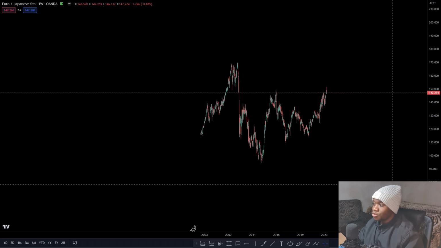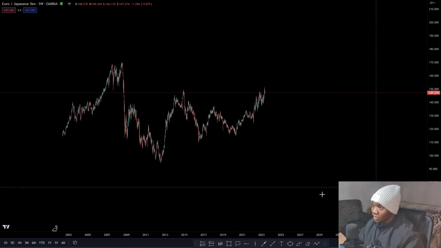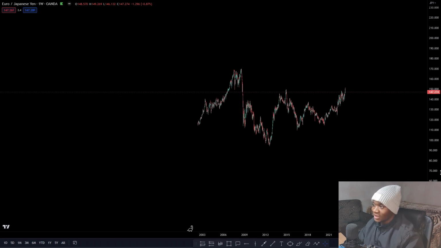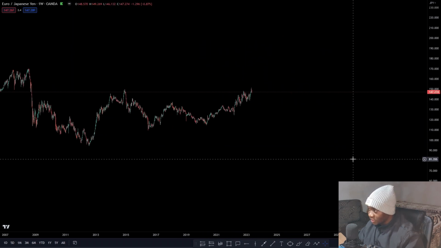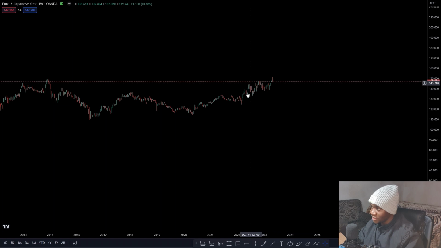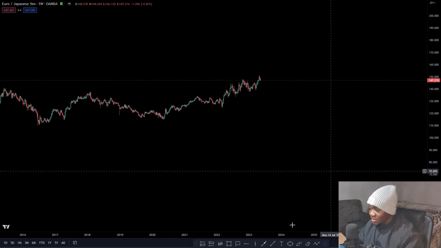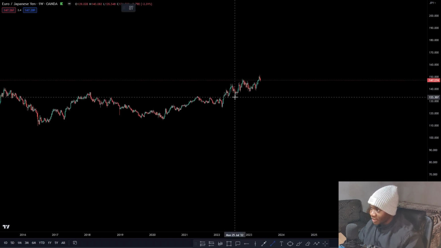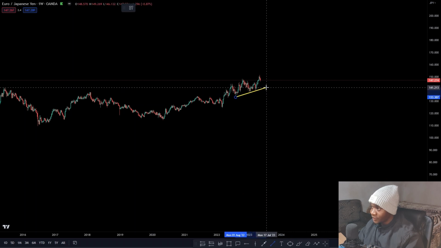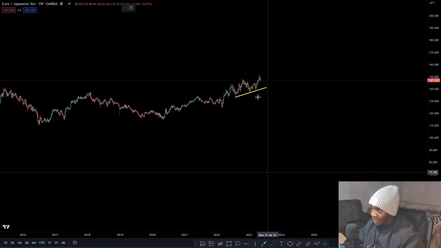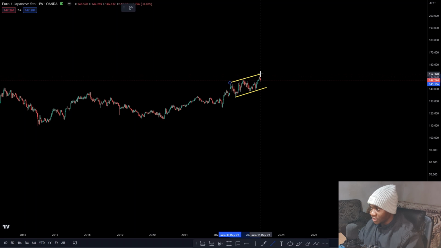So the last pair is EURJPY. Structurally, it looks okay. There's nothing much happening on the outer structure, so I have to focus on what's happening here. What's interesting here is we have an ascending channel. It's looking very nice.